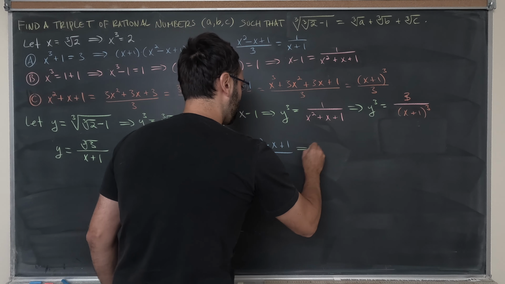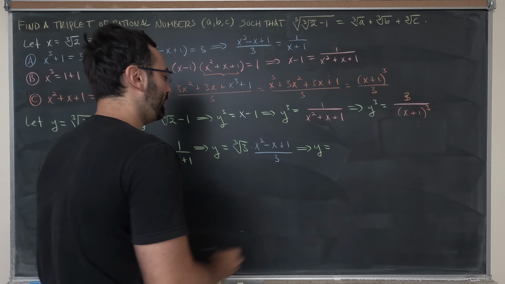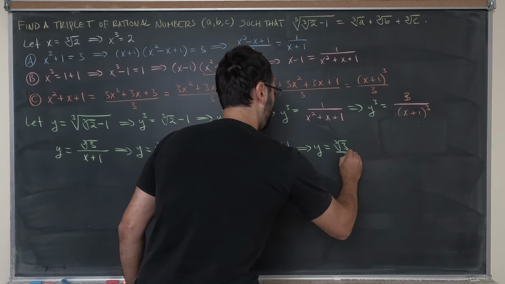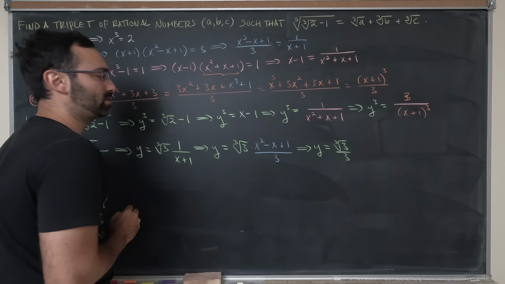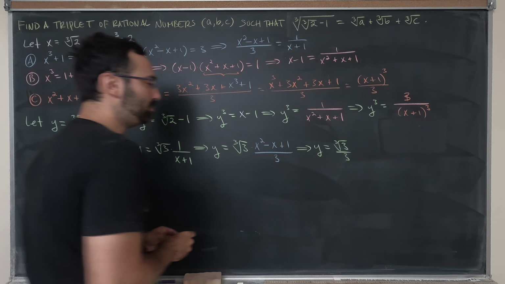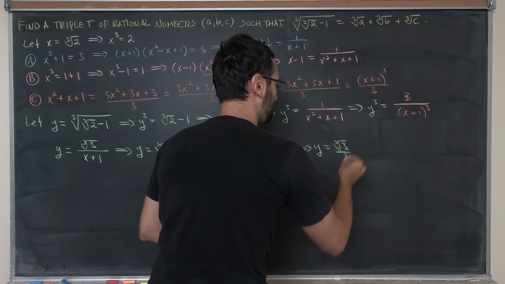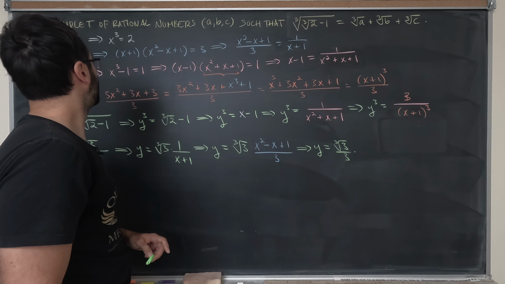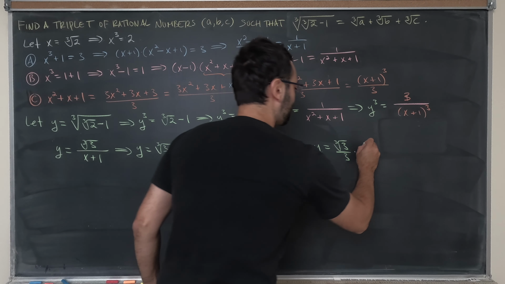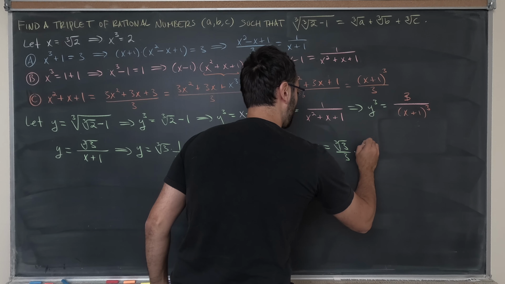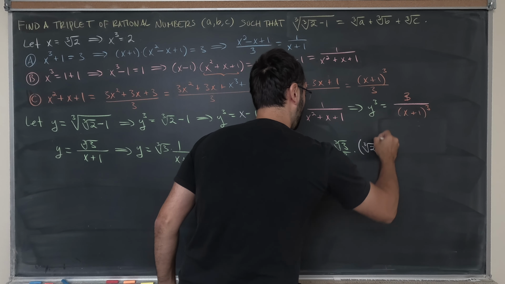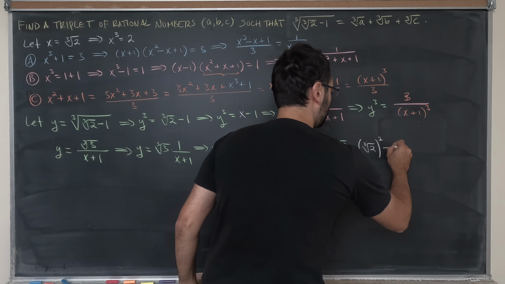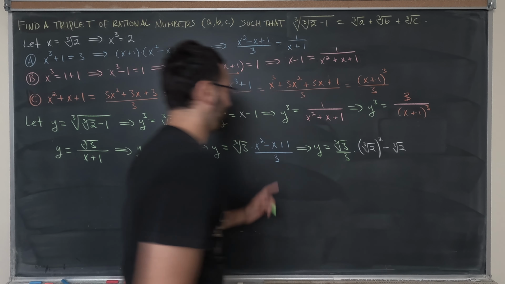So now y is the cube root of 3 divided by 3, we can just shift this under here, times x squared, so the cube root of 2 squared, minus the cube root of 2 plus 1.